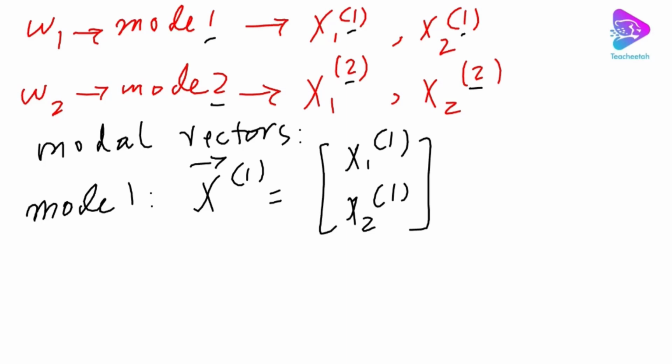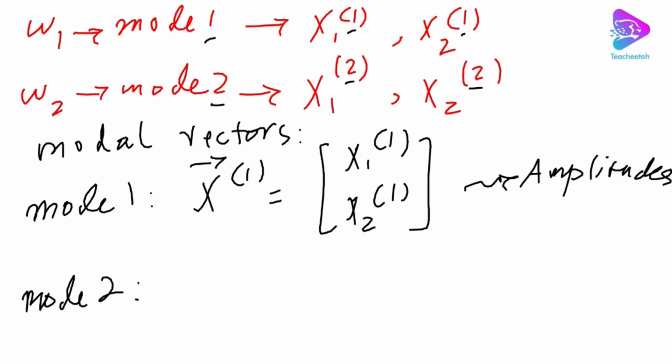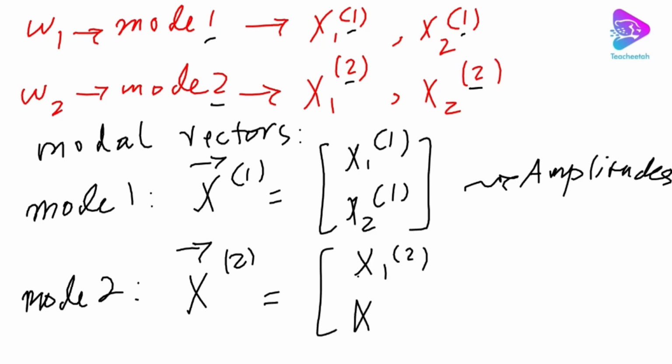Remember, capital X indicates the amplitude, which means the mode shape is, for example, x11 cos(omega 1 t plus phi 1) for the first mode. These are amplitudes, not the response. The response also has a cos(omega 1 t) or cos(omega 2 t) plus phi 1 or 2. For mode 2 we have the second modal vector, x1 2 and x2 2.